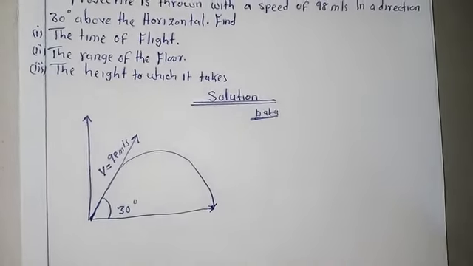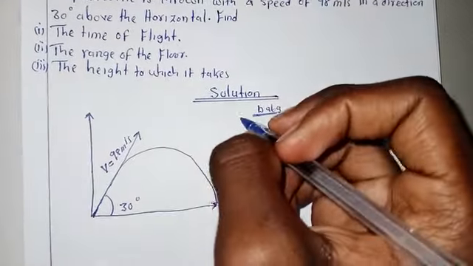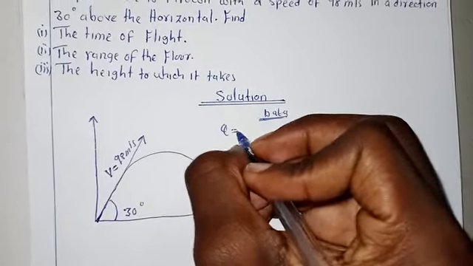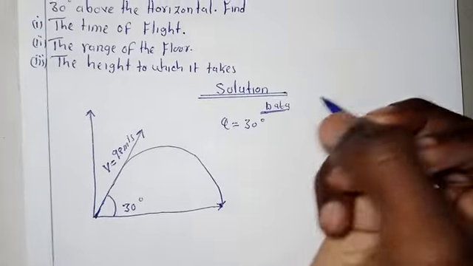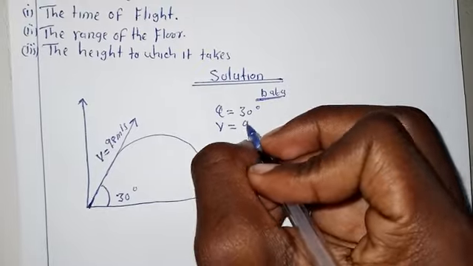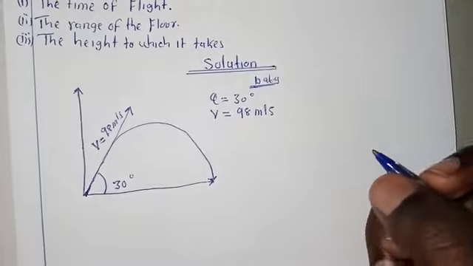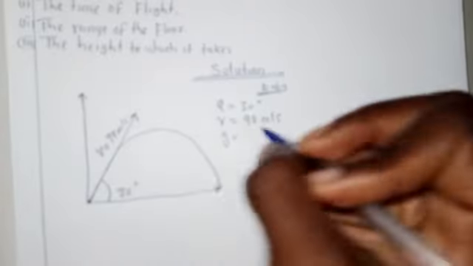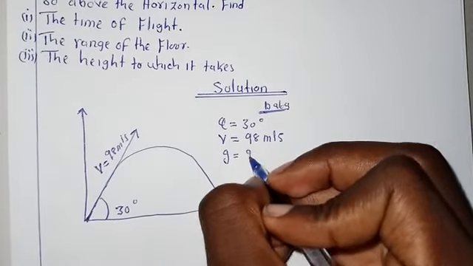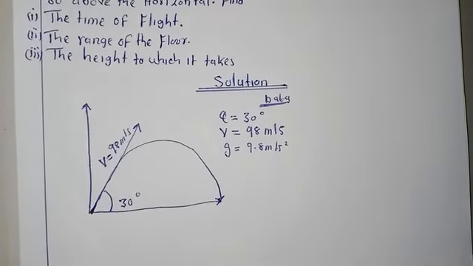Now, I can bring out almost everything that I will need in order to solve this question here. So I'm going to have an angle theta of 30 degrees. Then we have also been given the velocity of 98 meters per second. Then I know that my g, which happens to be my acceleration due to gravity, is 9.8 meters per second squared, like that.